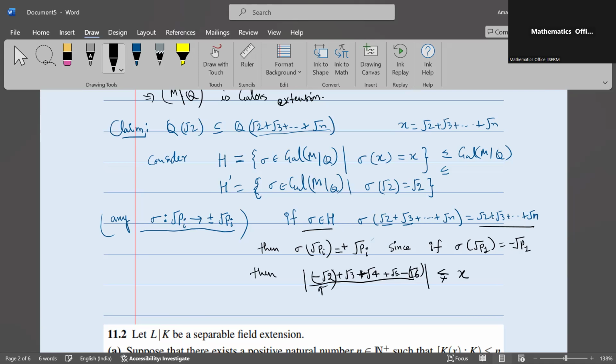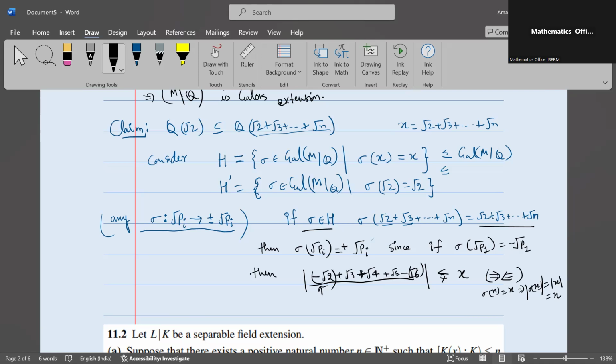Okay, and this is a contradiction because sigma fixes x, so the modulus of sigma x should be the same. Sigma x is equal to x implies the modulus of sigma x is the same as the modulus of x. And because all the terms in the sum are positive, mod x is just x. So this is a contradiction.